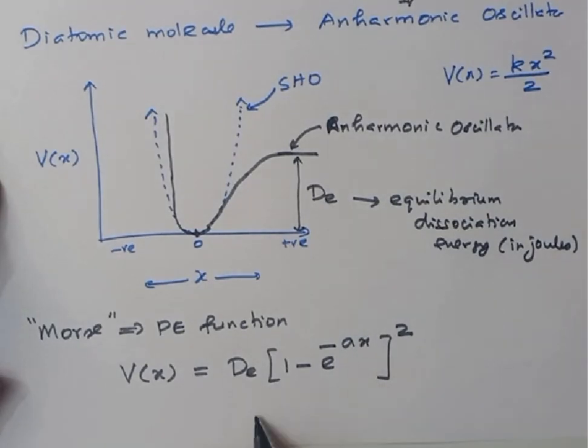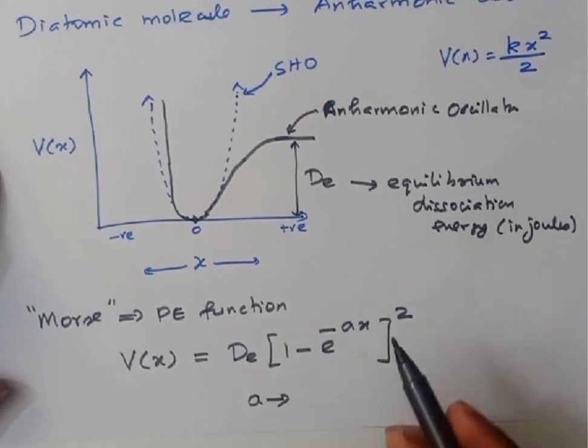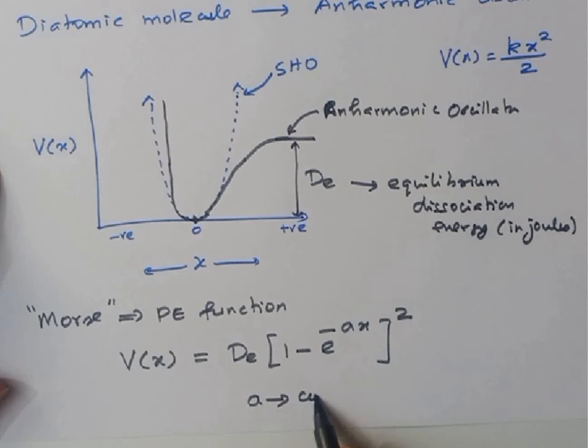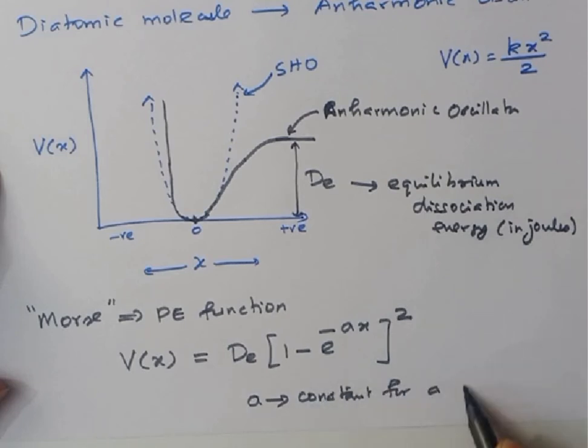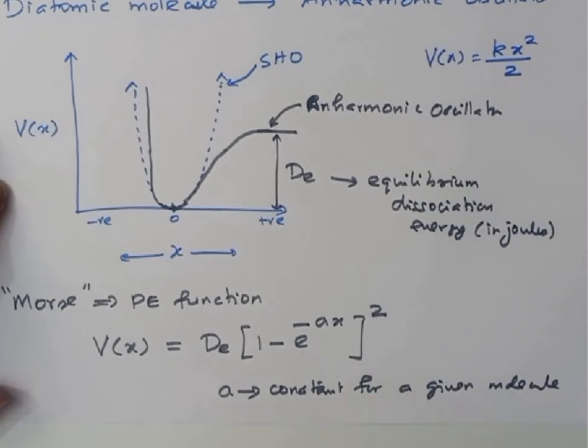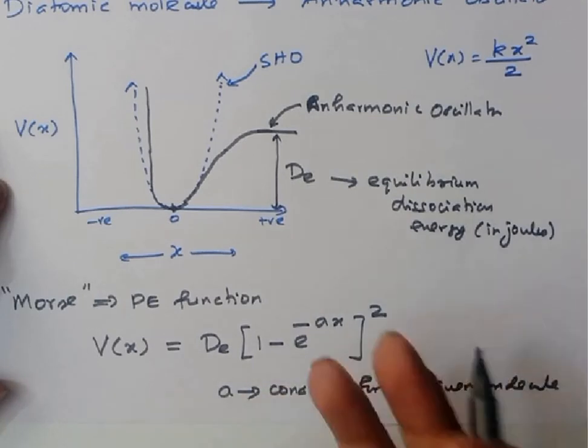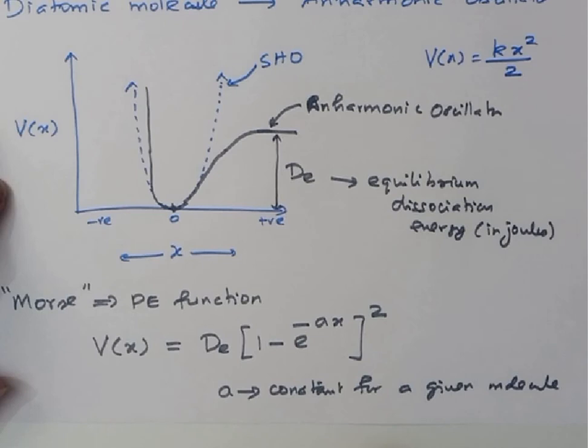And what is a here? a is a parameter, or in other words a constant. a is a constant for a given molecule. It is not a constant for all molecules. For another molecule, you will get another constant. And what is x? x is the displacement.